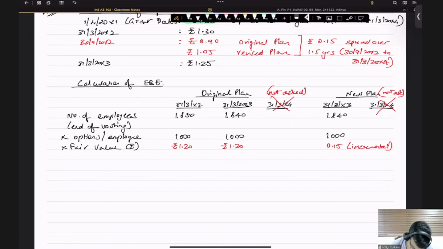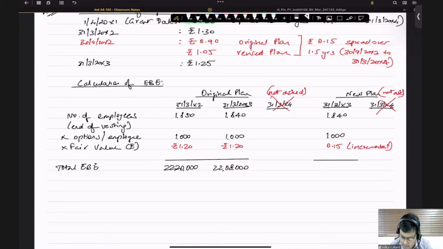So all you need to do now is total this. 1850 into 1.2, so 22,20,000. 1840 into 1.2, 22,08,000. And the incremental is 2,76,000 rupees.